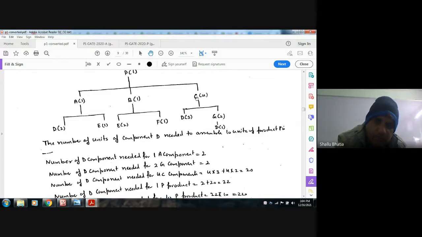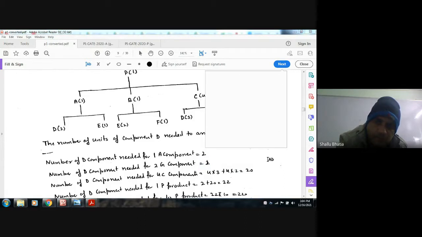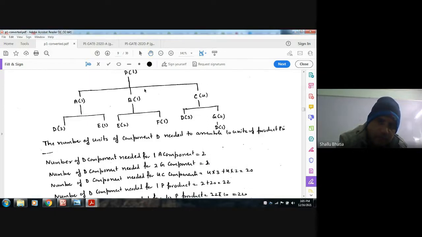Here it should be 1. Now the number of D components needed: for C, 3 from here, and 4, and 2 from here. So it is 3 into 4 plus 4 into 2, that is 20.